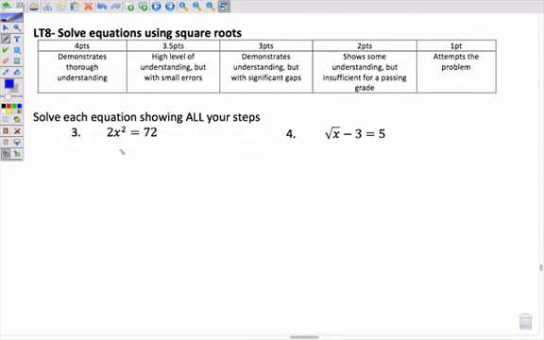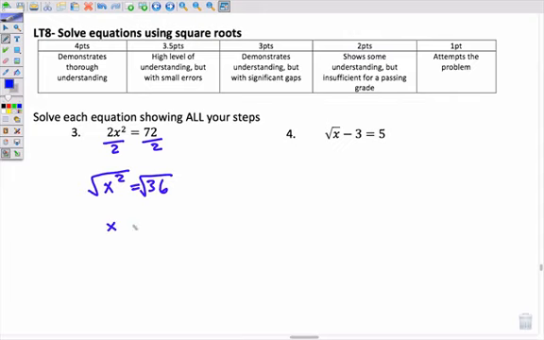Moving on to Learning Target 8, on number 3, you really need to divide by 2 first. If you remember, I said in class a few times, save the square rooting until the last possible step. And at this point, there's nothing else we can do besides square root both sides. So that's when I want to square root both sides.